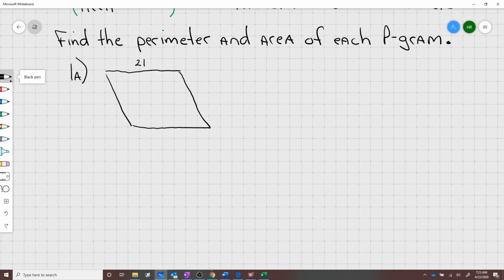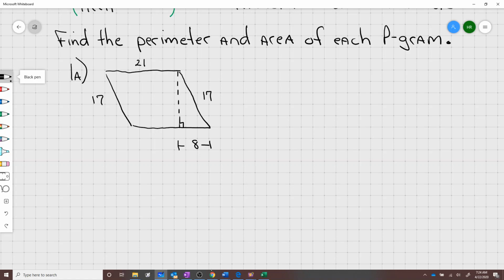In this case, your top is 21, your right side is 17, and this distance right here, the length of this segment, is going to represent your height, and you are given this distance, 8 units. So what we know about this shape is that if the right side is 17, then the left side is 17.